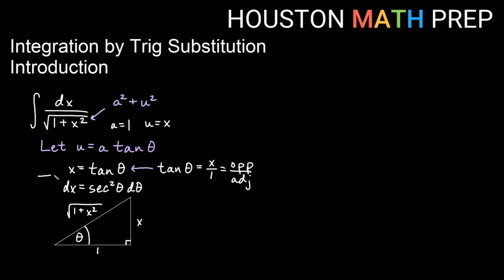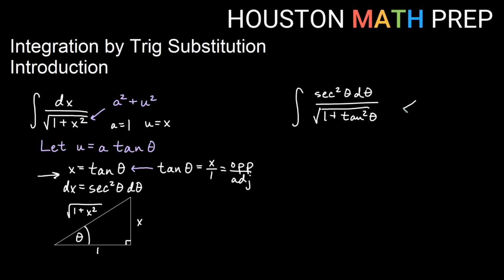Now we simply substitute using these expressions for x and dx. If dx is secant squared theta d theta, then that becomes my numerator, secant squared theta d theta. And on the bottom, I get the square root of 1 plus tangent squared theta, because I have x squared down there. Now this is the point where you should notice, once you've plugged everything in terms of theta, that you should get an expression that is a Pythagorean identity.